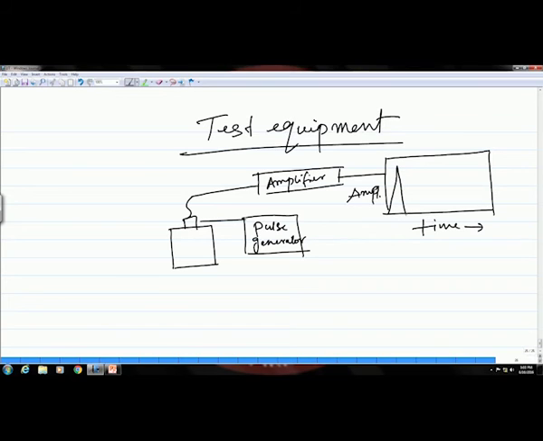We have seen that you will have an initial pulse, and then the back wall when you have a sample over here. And if there is anything in between, you will see that defect echo coming in between the initial pulse and the back wall signal.